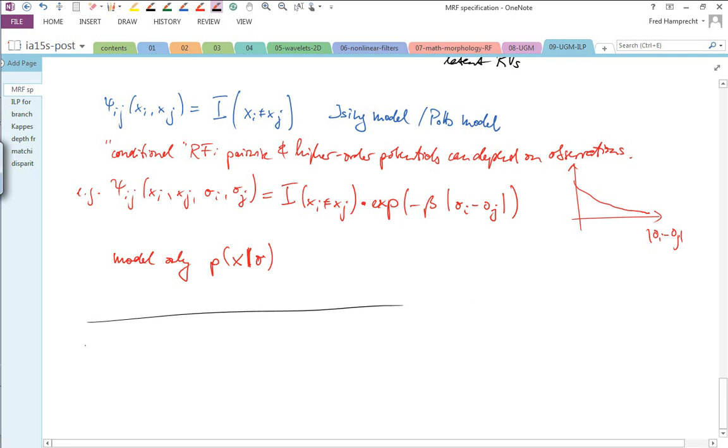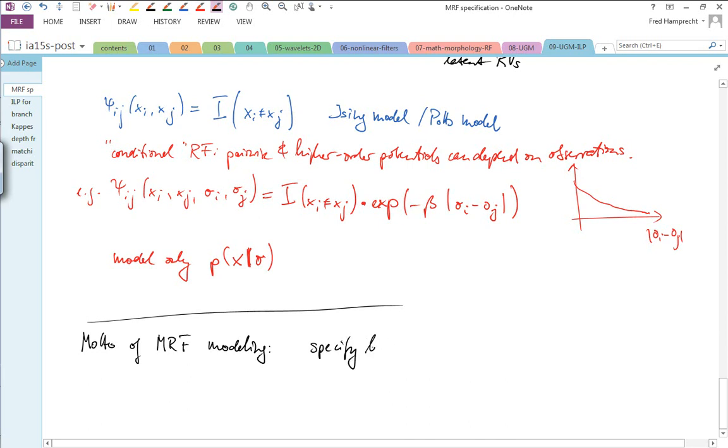Okay, and overall, let me say the motto, if I may say so, of Markov random field modeling is, I'm making this up, this is not a technical term here.